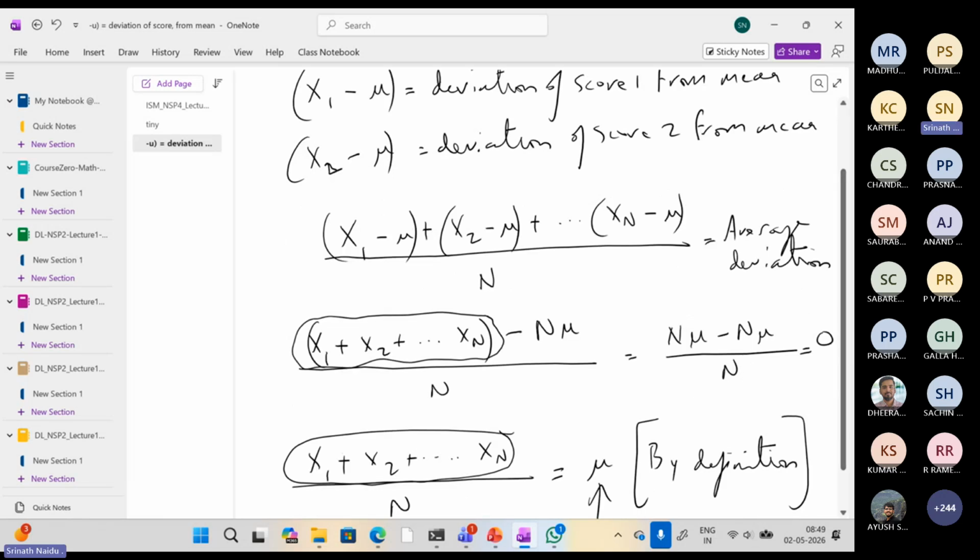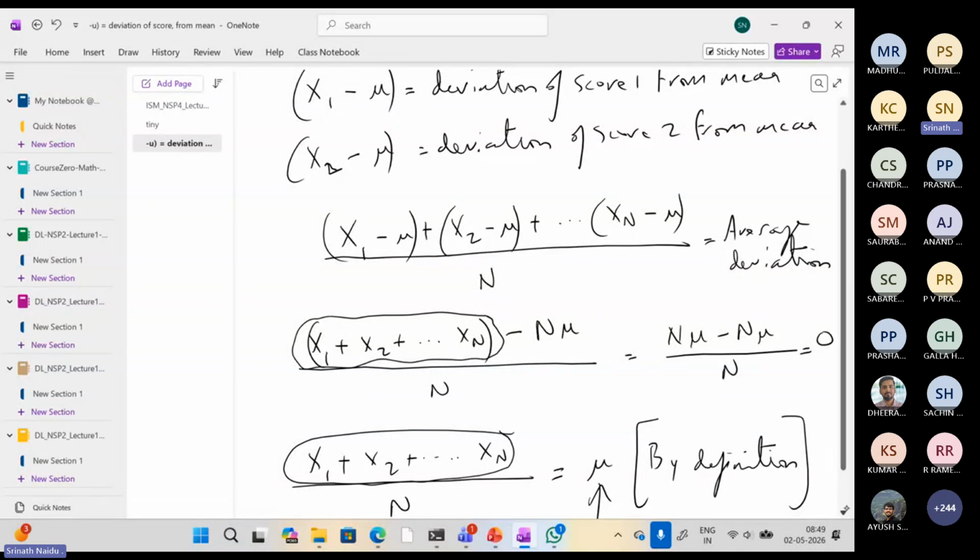I want to capture variability in the scores by taking something called the average deviation. Then I plugged in these values: x1 minus mu plus x2 minus mu plus xn minus mu. I separated out this sum as x1 plus x2 plus xn, and then I have minus mu, minus mu, minus mu. How many times? n times. So I have x1 plus x2 plus xn minus n mu. The numerator here is exactly equal to the numerator over here; it's just that the terms are rearranged.